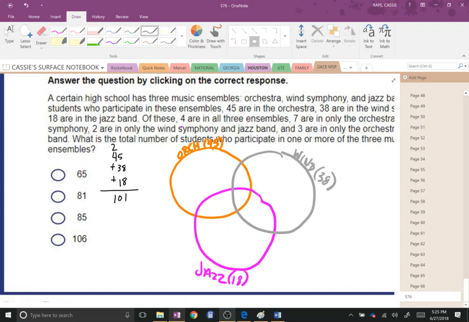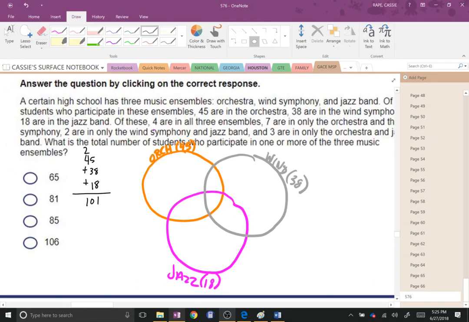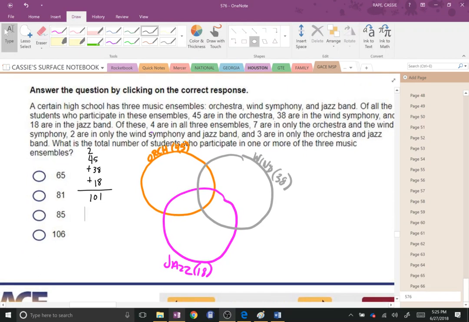There's overlap. There are kids who are in 3 ensembles, which means that they got counted 3 times and should only have been counted once. And then there are 12 that are in 2 different things, and they got counted twice, but they should have only been counted once. So you could do this.